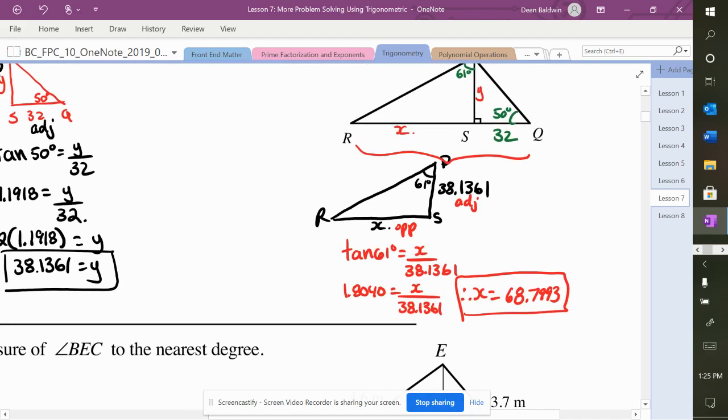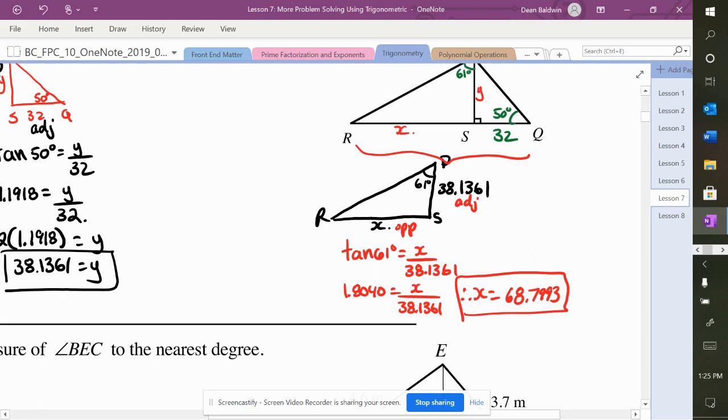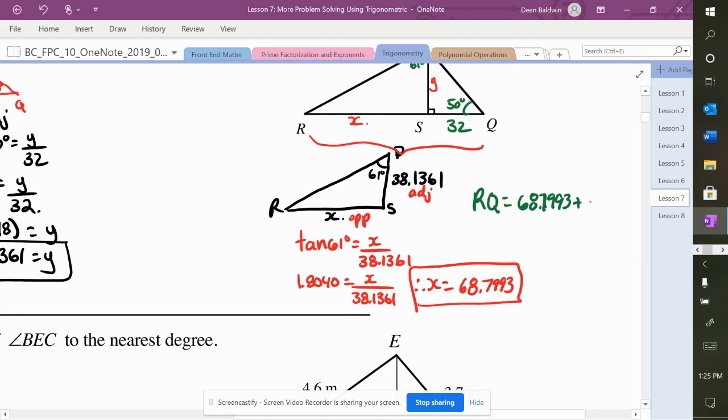Is that what people got? But what are they asking for? RQ, the whole thing. So how do I get RQ? RQ is equal to 68.7993 plus the 32.